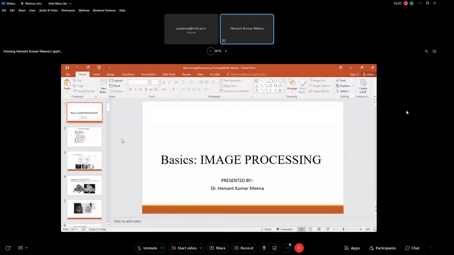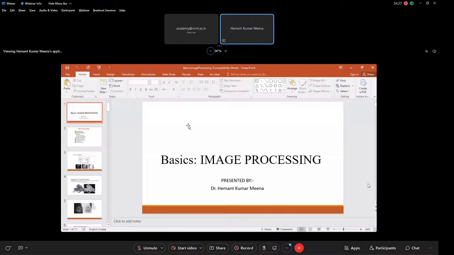Before starting, to decide how much emphasis I should put, it would be better if you respond in the chat box: those who have gone through image processing, and those who have not.